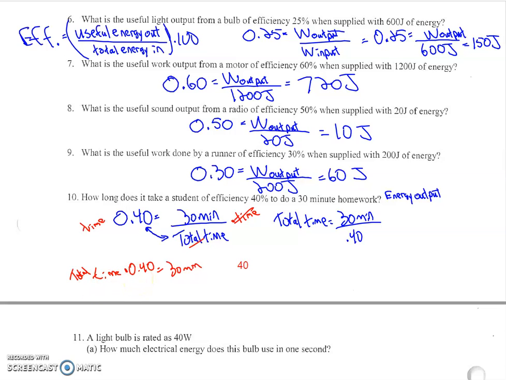So then what you end up having to do is divide both sides by this 0.40. And that's where we get this 30 minutes divided by 0.40. So when you do this, the total time ends up being 75 minutes. All right, so it took the person 75 minutes to do something that it should have only taken 30 minutes.